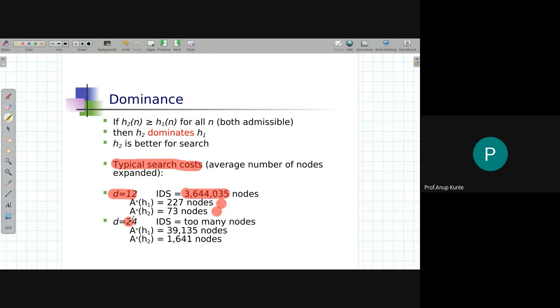One move, you can understand in the 8 puzzle problem, one move means going one step down in the search tree. So a 12 deep search tree, or the solution lying at depth 12, means at least I need to do 12 steps so that I get the goal node. Okay, depth 24 means a solution is lying at depth level 24.